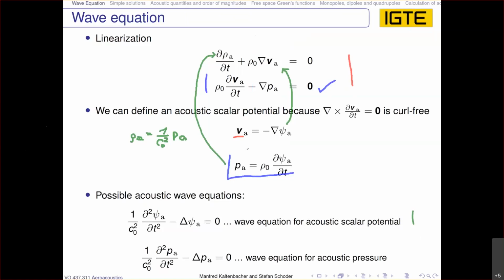It is a partial differential equation in vector form for the acoustic particle velocity. So you see all our physical quantities, acoustic density, acoustic pressure, acoustic particle velocity, fulfill the same partial differential equation. You have a second time derivative, and here the Laplace operator, a second space derivative.